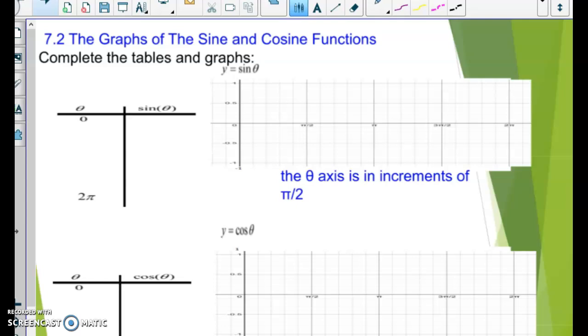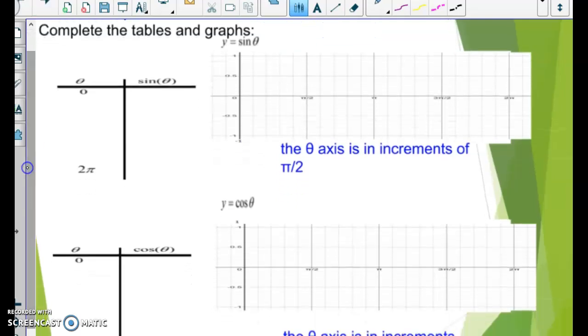All right. So I sent you these to fill in, this one period of sine and one period of cosine. Hopefully you took the time to fill those in. Here, we know that the sine starts there, goes up to 1, back down to 0, down to negative 1, and back up, and it'll look like that.